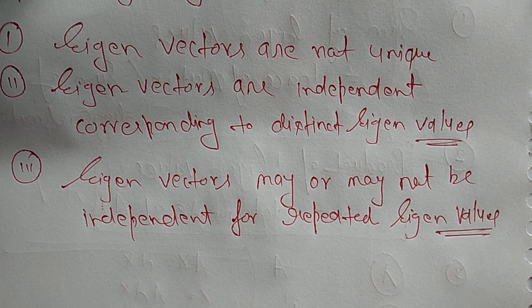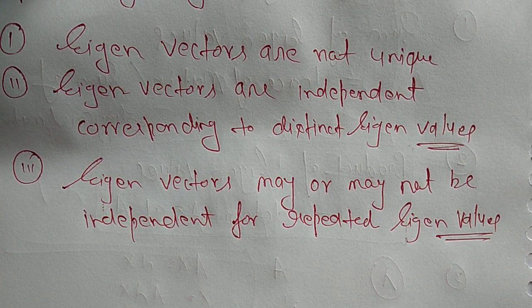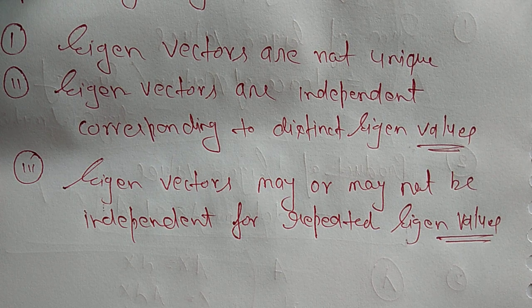We have seen two examples. In one example, for a repeated root we had independent eigenvectors, and in the second example, for a repeated root we have only one eigenvector. It means if you write the second one, it will be a dependent eigenvector of the first one.